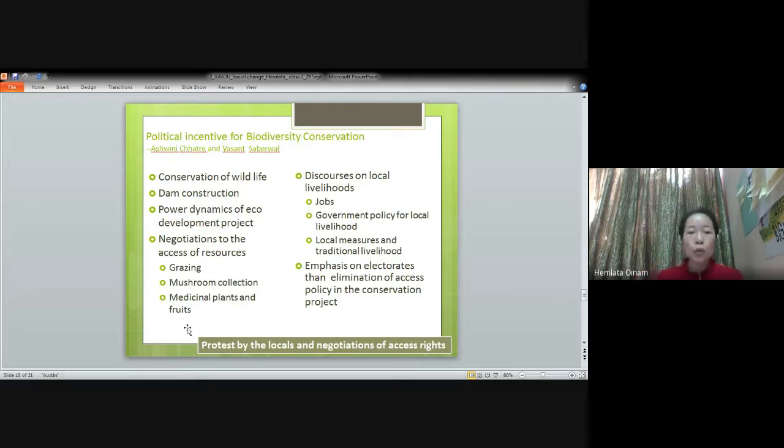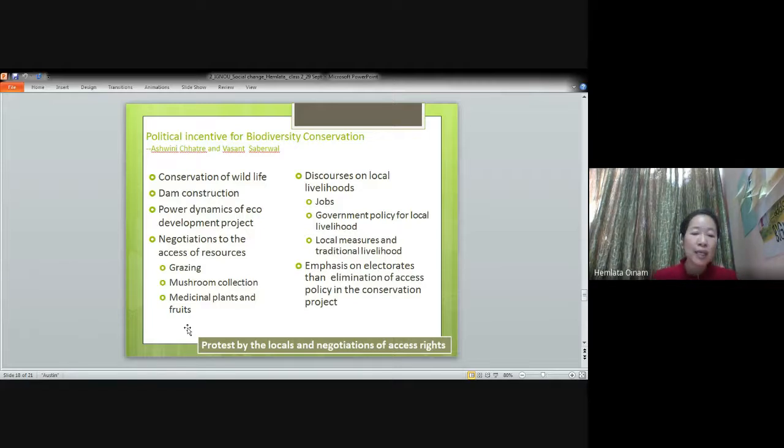And so the whole policy of protection has been compromised and negotiated within this process. Negotiations over access to resources, whether grazing, mushroom collection, or medicinal plants and foods, always happen. This has happened because the emphasis on electorates was greater than the elimination of excess access in the conservation process.